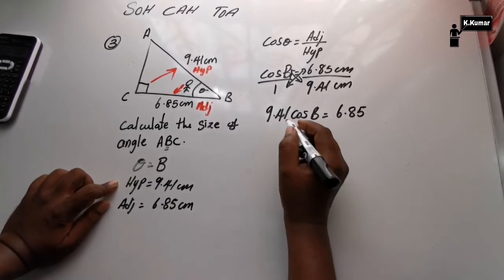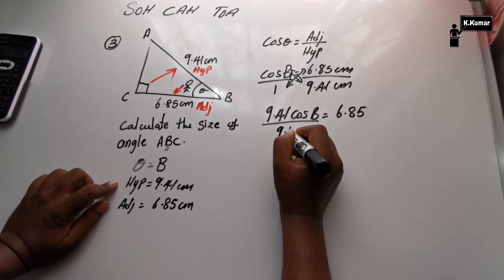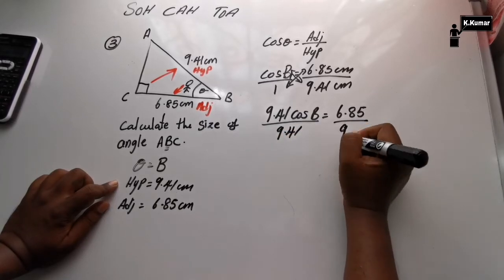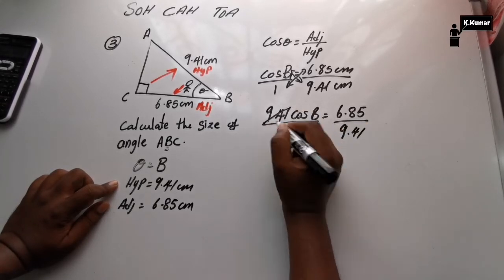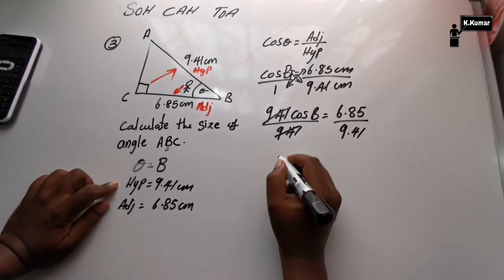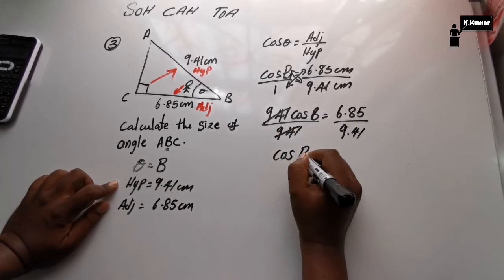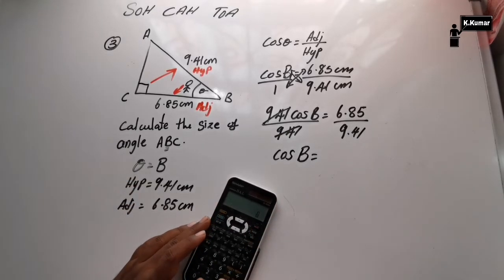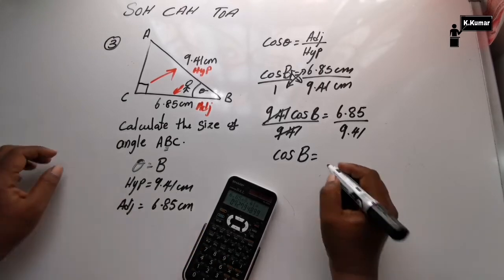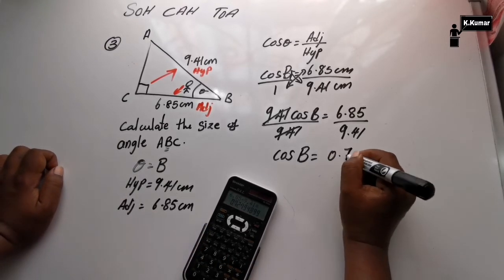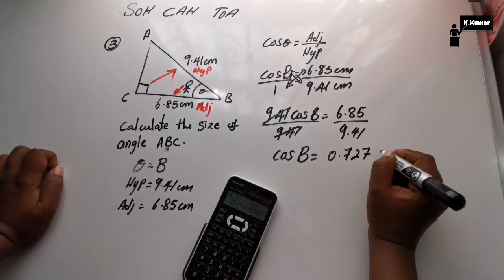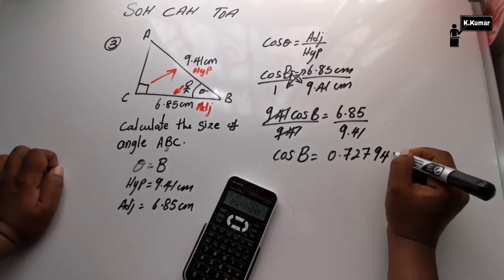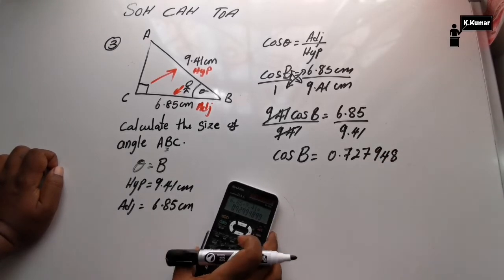We're finding for b, so we divide here by 9.41 first, and then we divide here by 9.41. This and this would cancel out each other, leaving cos b. So cos b is equals to, we divide these two, 6.85 divided by 9.41, and that's going to give me 0.727948.